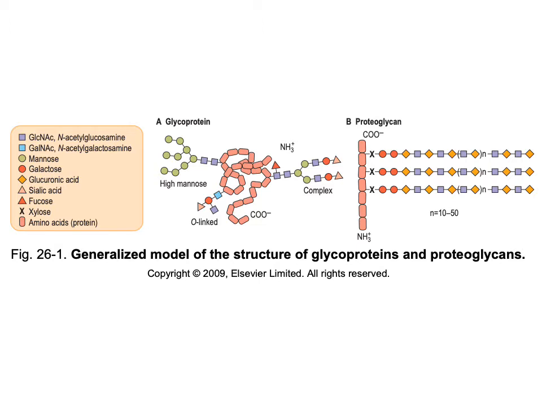So let's talk about now these two types of molecules. And this is a diagram showing the basic idea. On the far left is a list of the sugars or monosaccharides that get incorporated into these molecules.